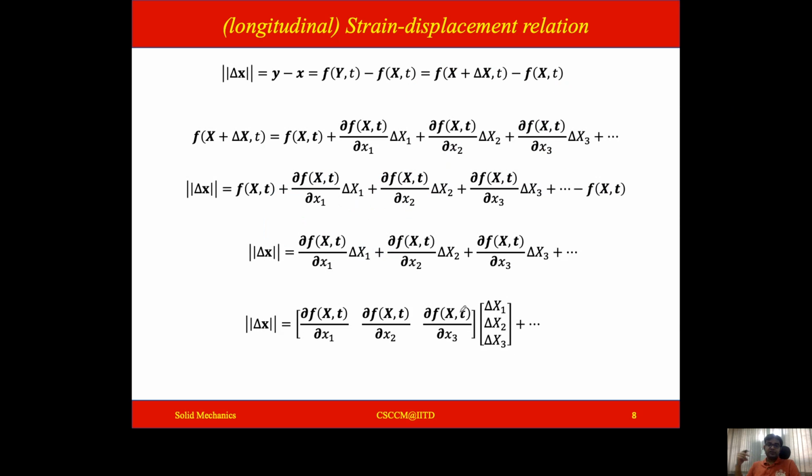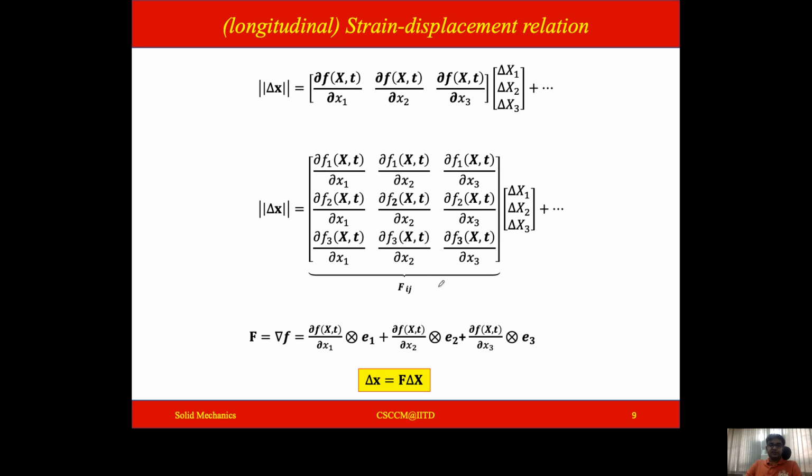So these are all things that we have done, right? And then this is the matrix F that I was talking about. Yeah, this is something that I did not talk about, so let me talk about this one.